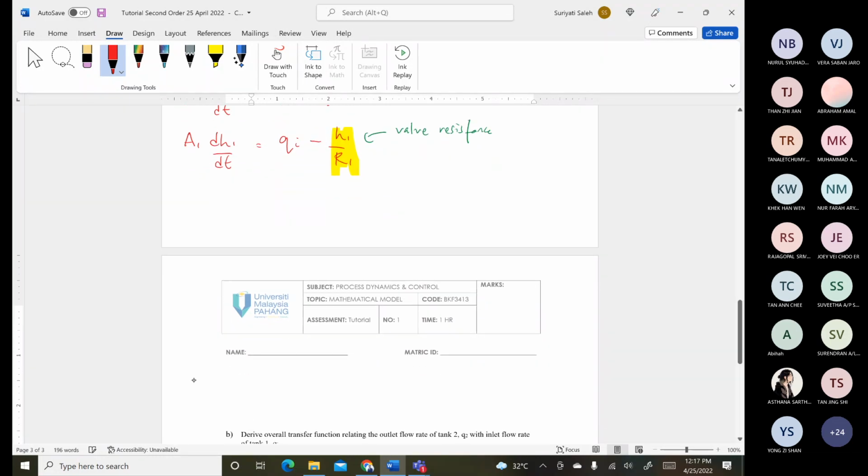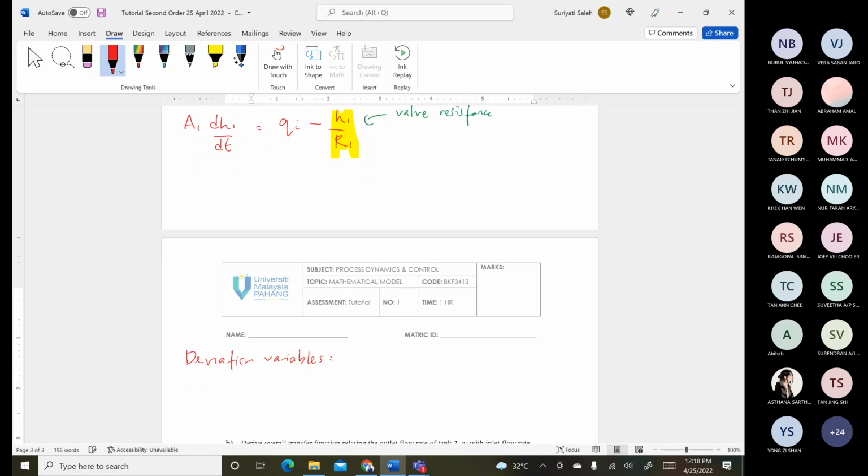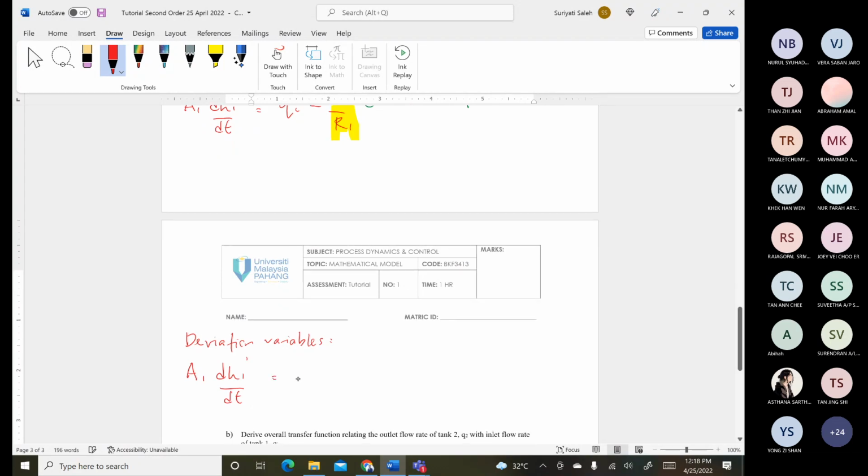Based on the deviation variable, in this case I just use the short form. So we have A1 dH1/dt equal to Qi prime minus H1 prime over R1.